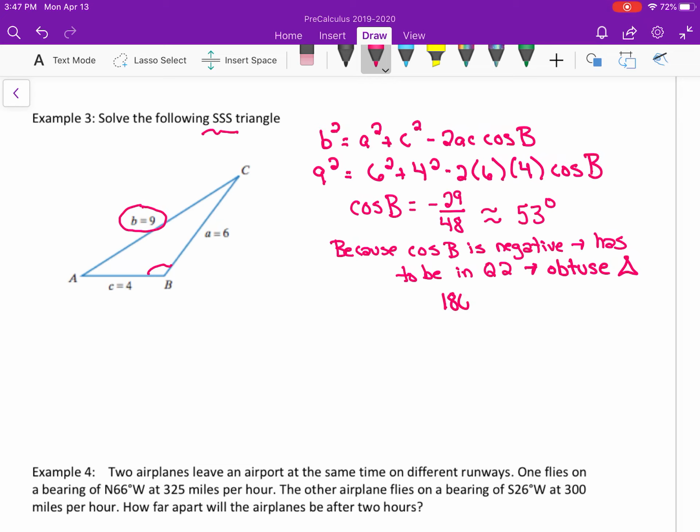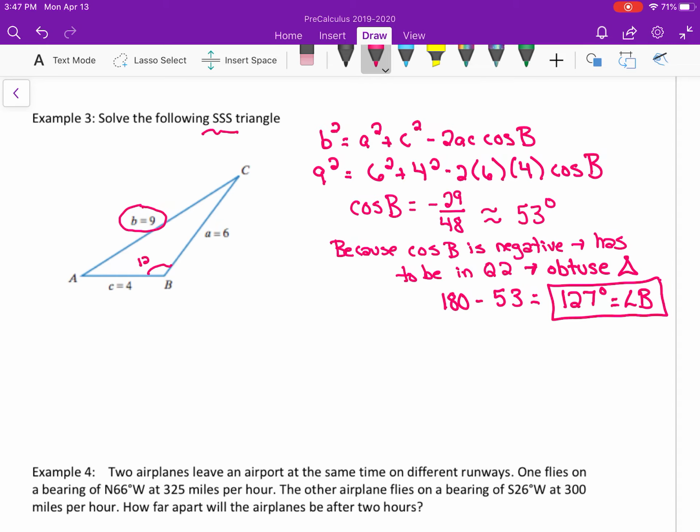So in order to find angle B, we have to do 180 minus 53 degrees, and we get 127 degrees. That is our angle B that we want to use. This is kind of thinking about reference angles.